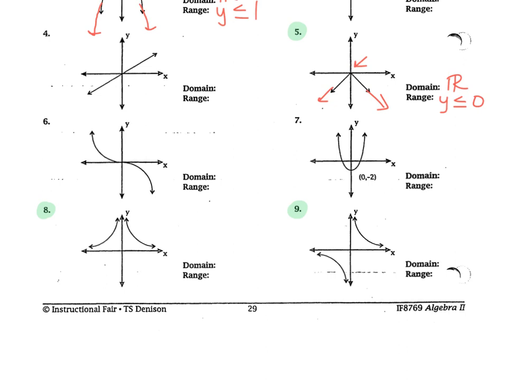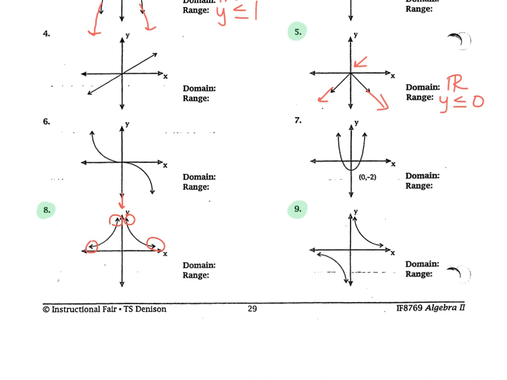All right, and then the last two I want to do with you are numbers 8 and 9. So on this one, the domain, if you look, we've got arrows on the ends here, but that graph is never from either side going to be a value of 0. We'll talk a lot about this second semester, but this is a rational function graph, and we have what are called horizontal and vertical asymptotes associated with them.